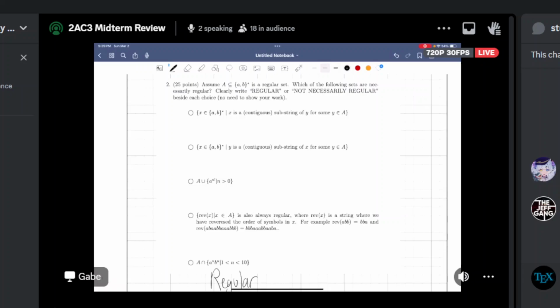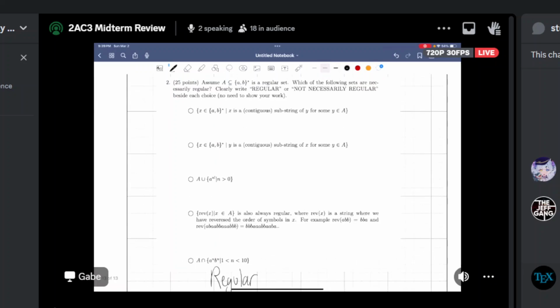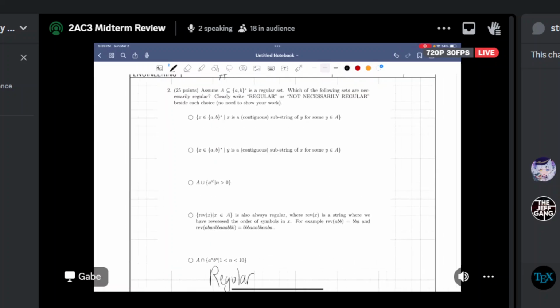Now, I guess I'll just work back. I guess we should talk a little bit about the set theory with A real quick. If A is some normal regular expression, you would expect A to kill the non-regular parts of B. Like if A was just the regular expression AB, then even if we had a non-regular expression on the right, you would expect the intersection to still just be AB, so it's still regular.